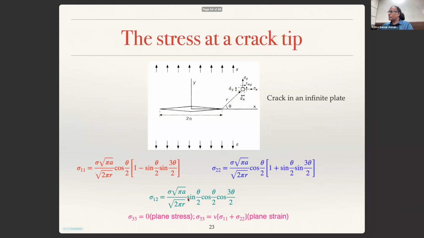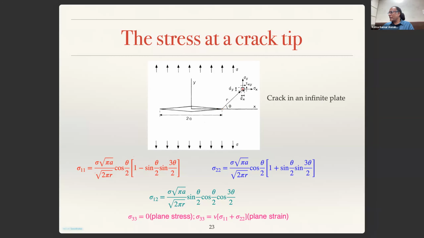Okay. So now we have looked at the state of stress ahead of the crack tip when you have an elliptic hole in the material, because that depends on the crack tip radius. But now if you have a mathematically sharp crack, then the state of stress ahead of the crack tip is expressed in the polar coordinates r and theta.